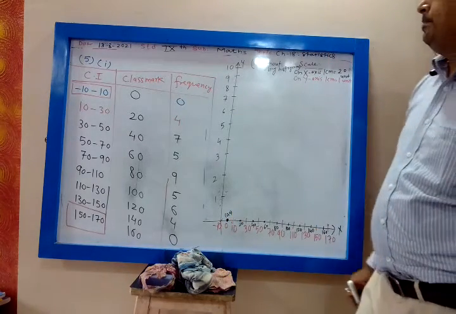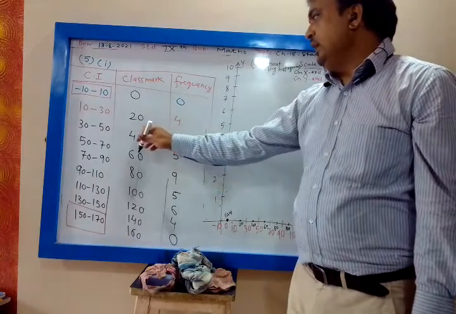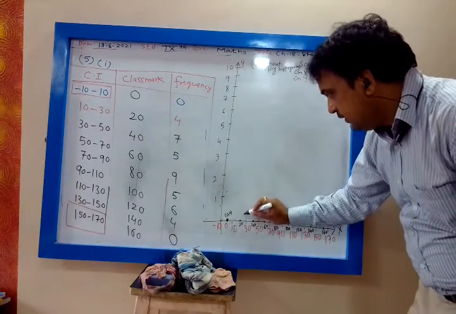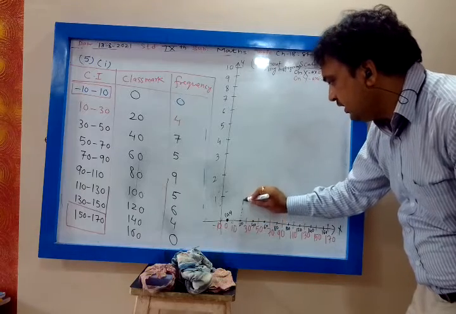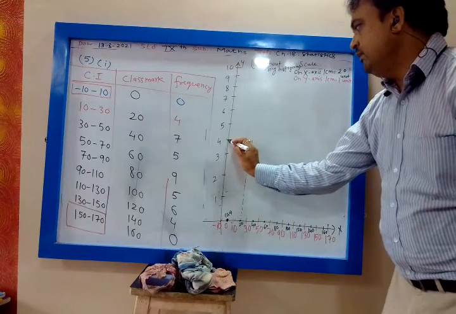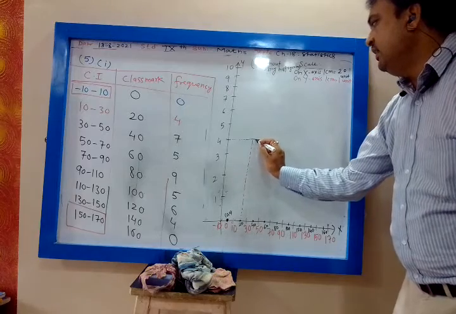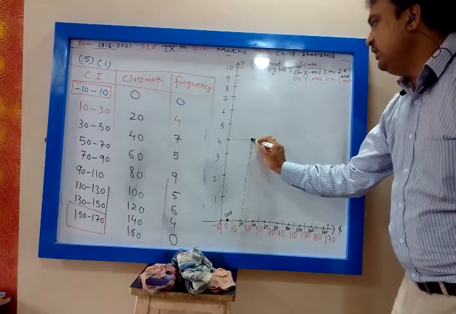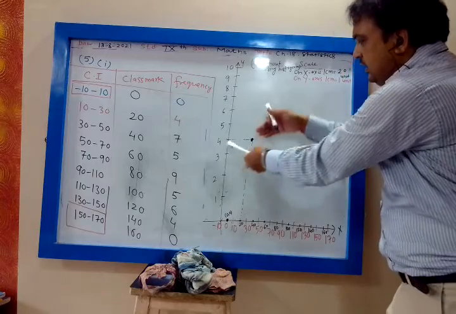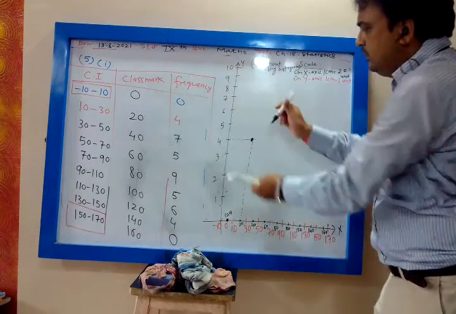Next, 20, frequency is 4. So this is my 20. You will draw the dotted line up at 20, and frequency is 4. With the scale, draw the dotted line vertically, draw the dotted line horizontally at 4.